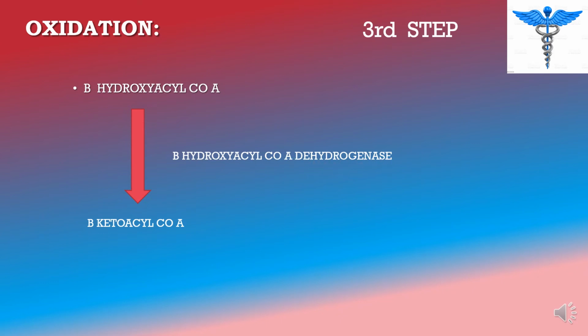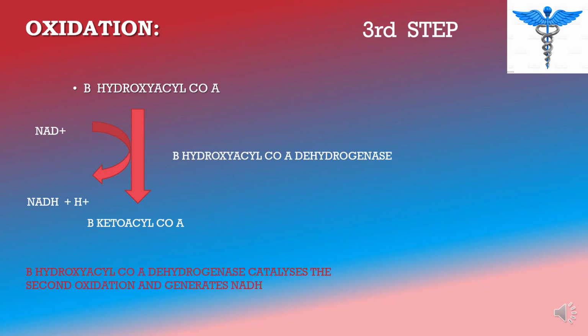Here the removal of 2 hydrogen atoms will take place and NAD will be reduced to NADH and hydrogen positive ion. It is to be noted that beta hydroxyacyl coenzyme A dehydrogenase catalyzes the second oxidation and generates NADH.